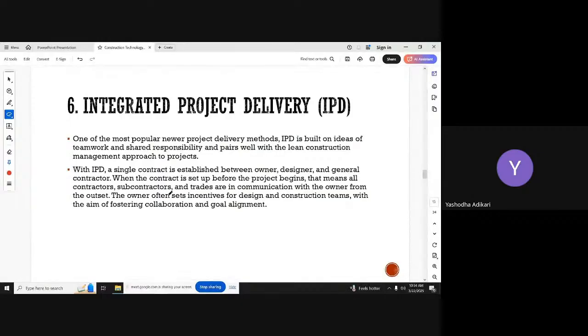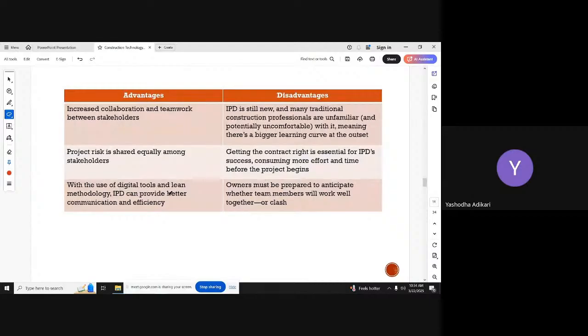When the contract is set up before the project begins, that means all contractors, subcontractors, and trades are in communication with the owner from the outset. The owner often sets incentives for design and construction teams with the aim of fostering collaboration and goal alignment. Here also there are some advantages and disadvantages.